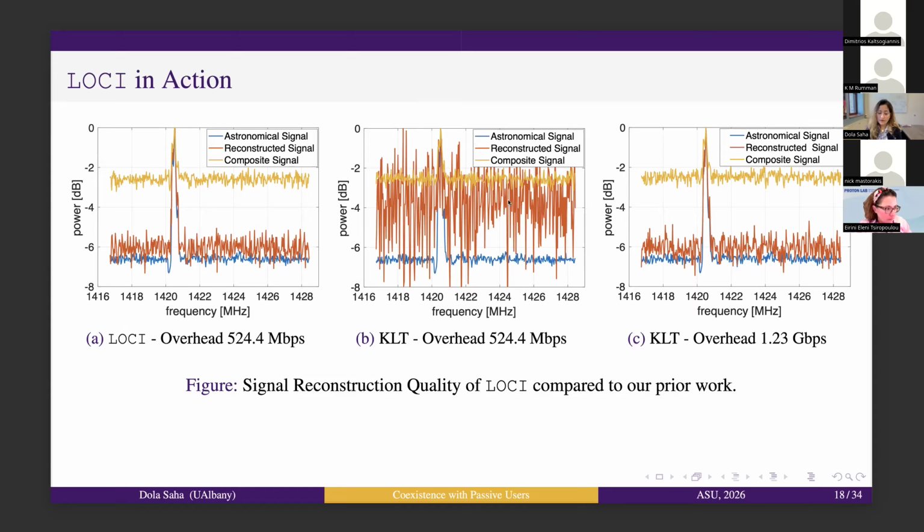But if we look at the previous version, and we just stop sending all the eigenvectors, we just send the number of eigenvectors that matches the same overhead, we can see that it cannot reconstruct anything meaningful. To reconstruct at the same quality, our overhead becomes 1.23 gigabits per second instead of 524.4 megabits per second. So you can see that there's a huge amount of improvement here.